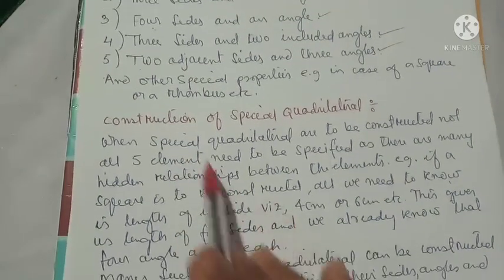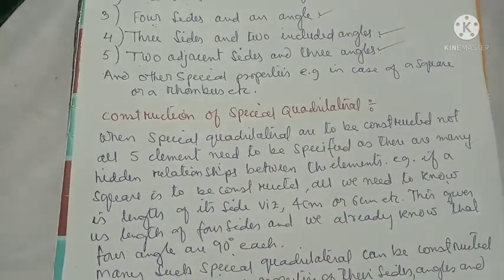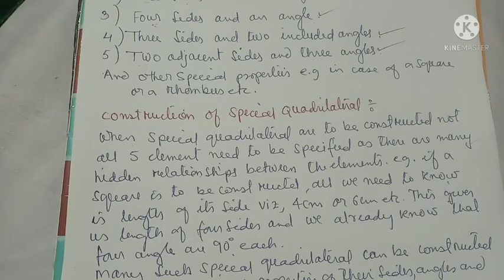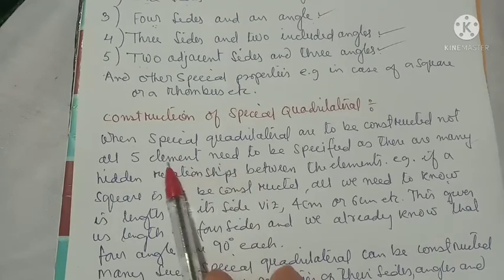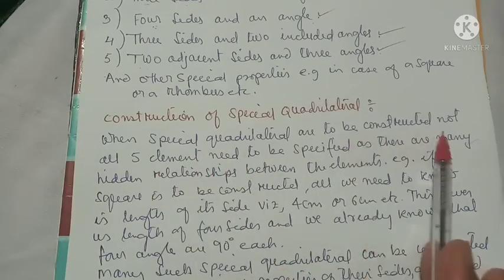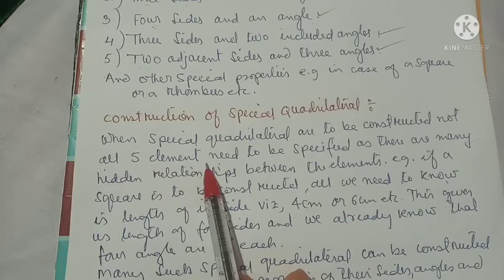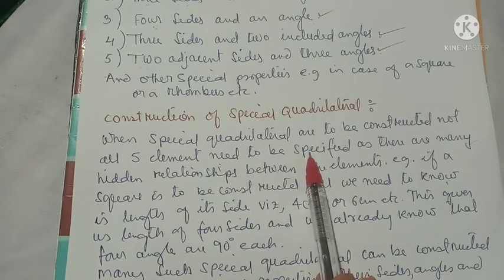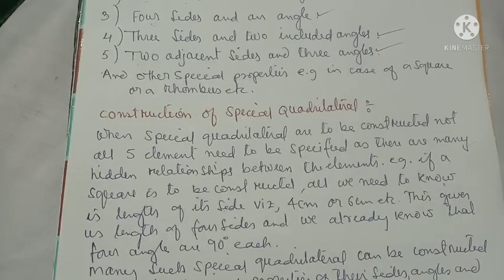And again, there are a few special quadrilaterals. They are kite, trapezium, square, rhombus and rectangle. In this case, not all 5 elements need to be specified, because in the construction of a special quadrilateral, they have particular properties for their figures.